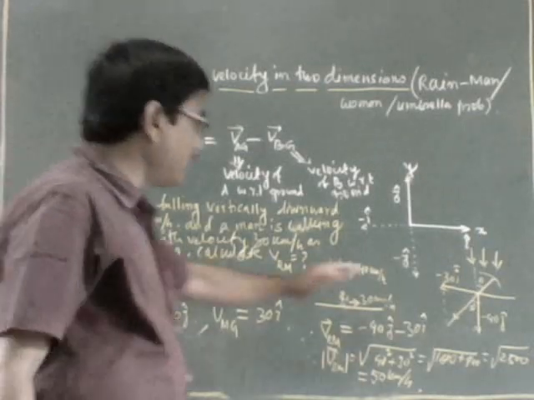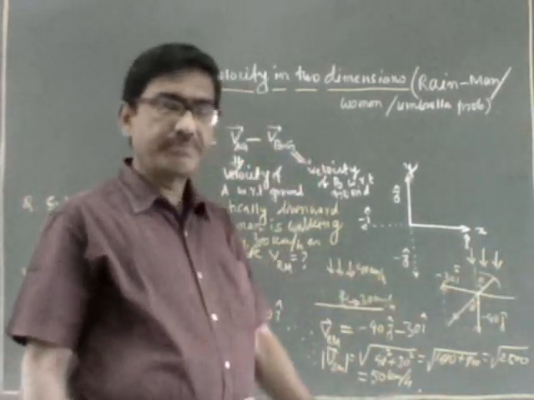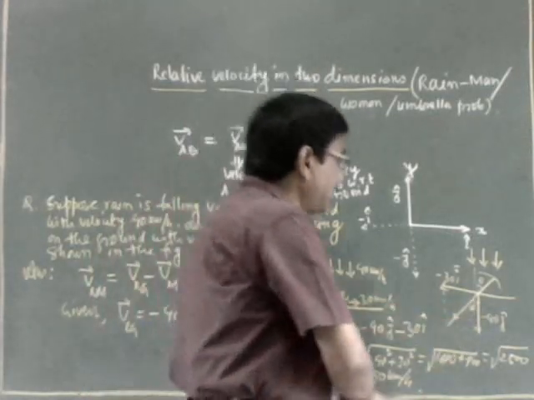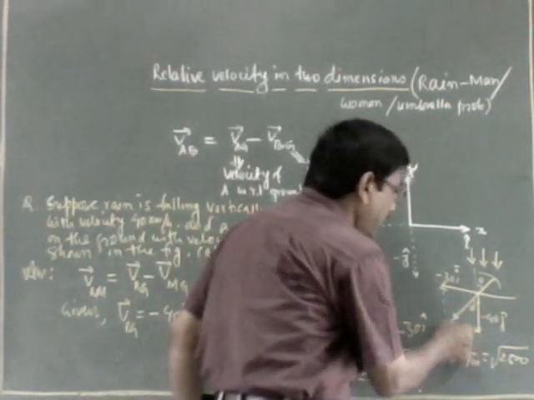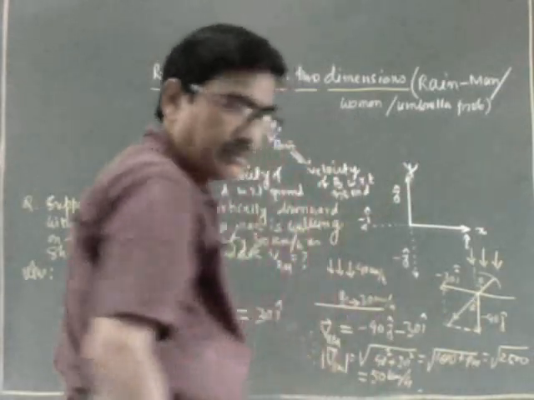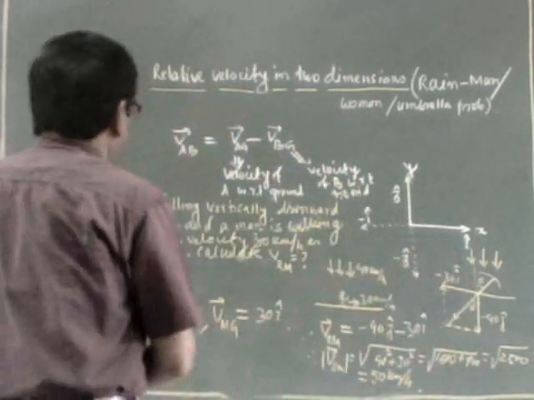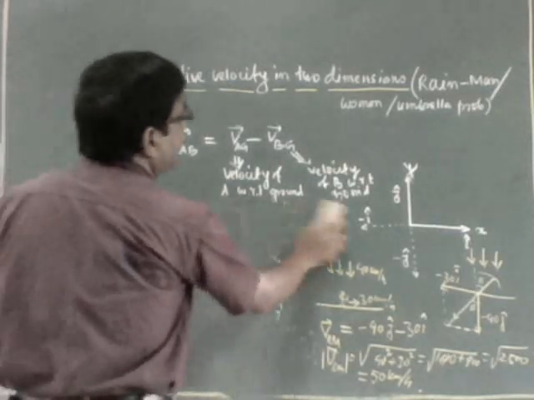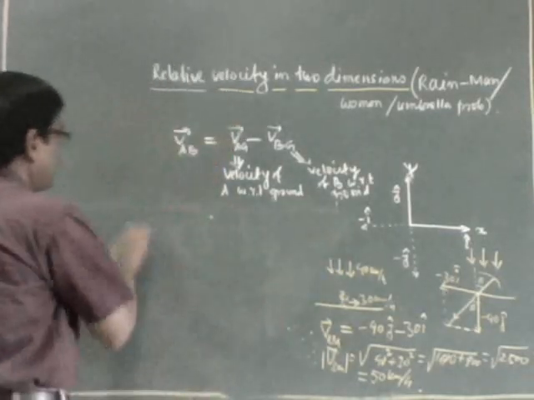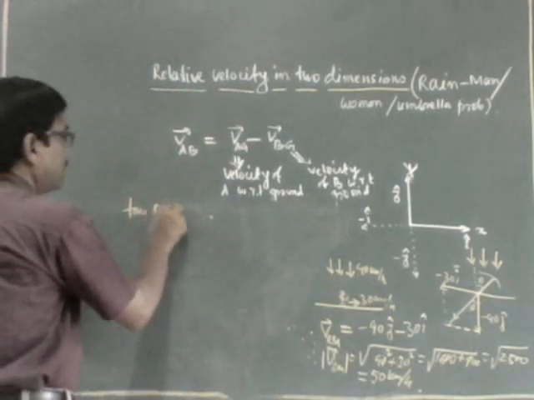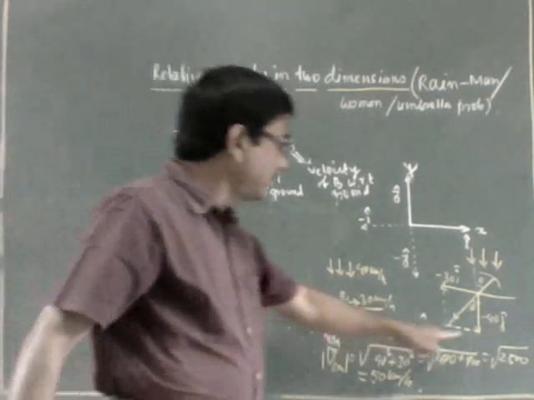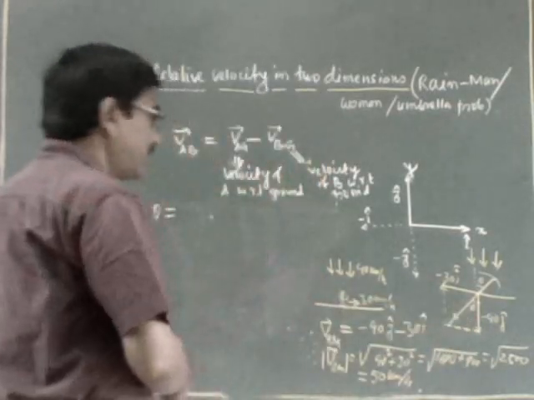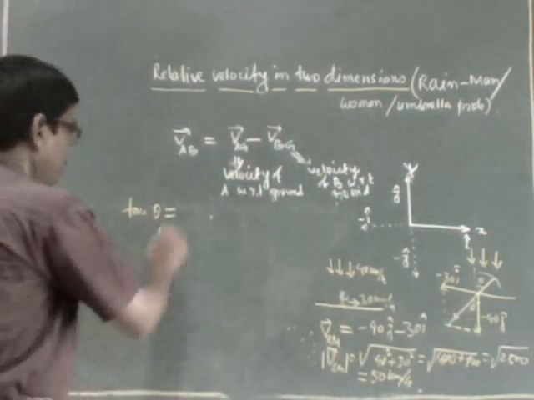And at what angle is the umbrella to be kept? So you take tan theta. How to calculate tan theta? Tan theta is equal to this one, 30 by 40.